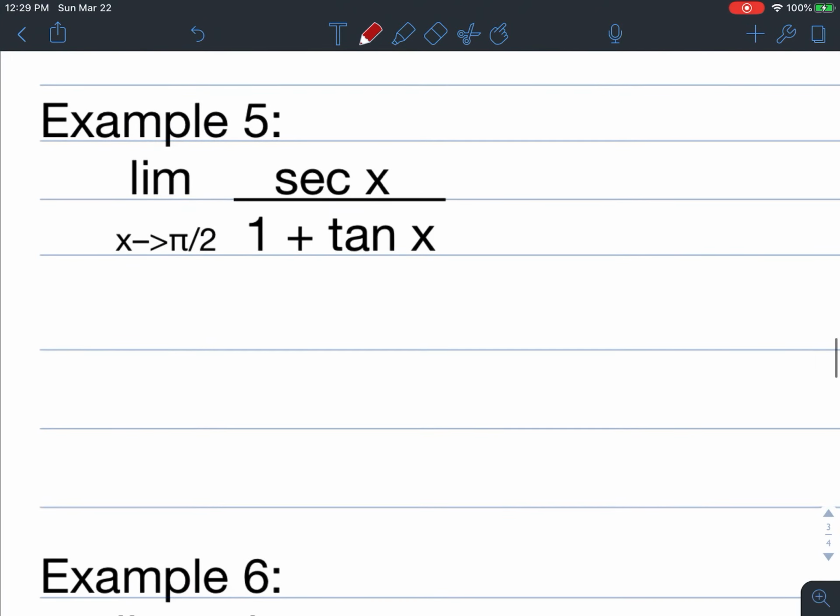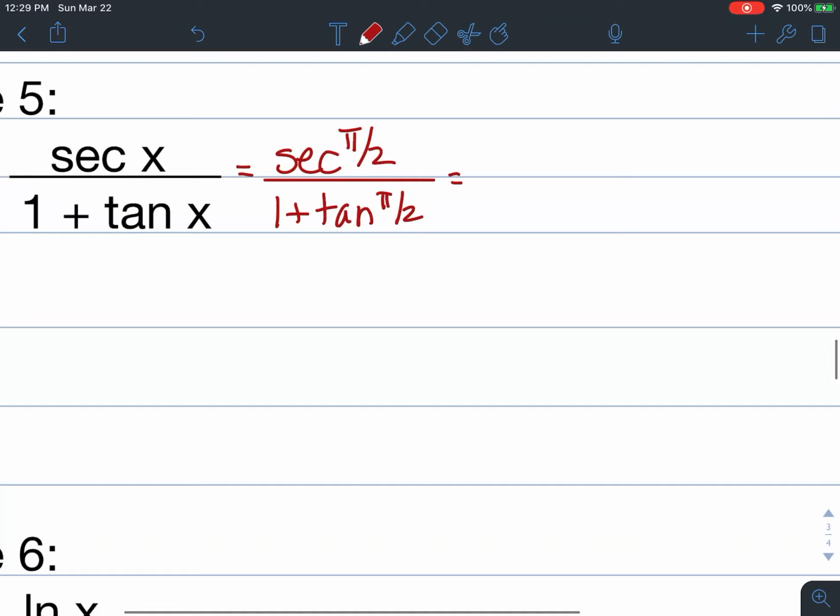Okay, let's look at example 5. Okay, so the first thing we would always do with any limit is try to plug the number in, because sometimes that's just the answer. Now when I plug in pi over 2 to secant, I have to think, well, that's 1 over cosine of pi over 2.